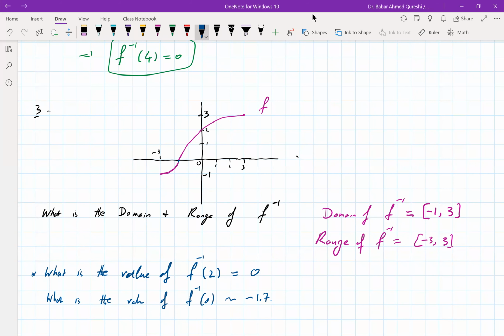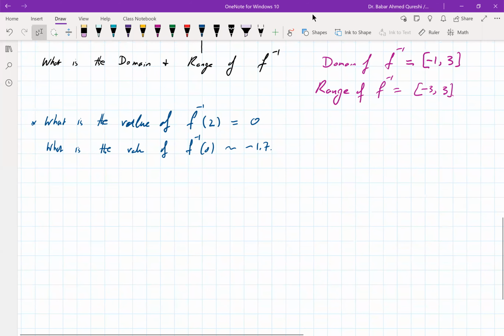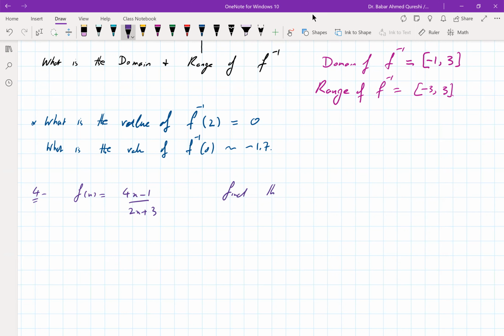Now, let's consider this. So suppose you are given f of x as (4x minus 1) over (2x plus 3). Find the inverse function.